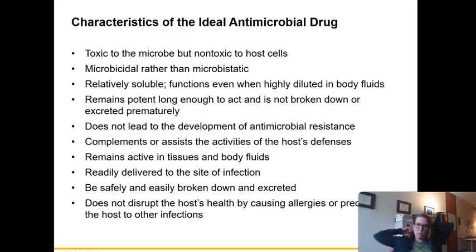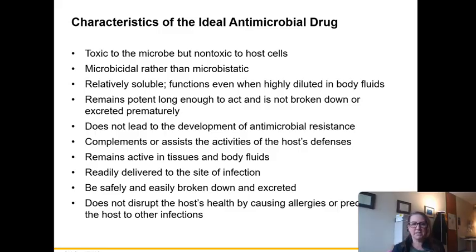So we want to make sure that we're working with the immune system so that as we're lowering that microbial population, sometimes the immune system can take over and kind of finish it up. So we don't want to do anything that's going to compromise the immune system from doing the fantastic job that it does.